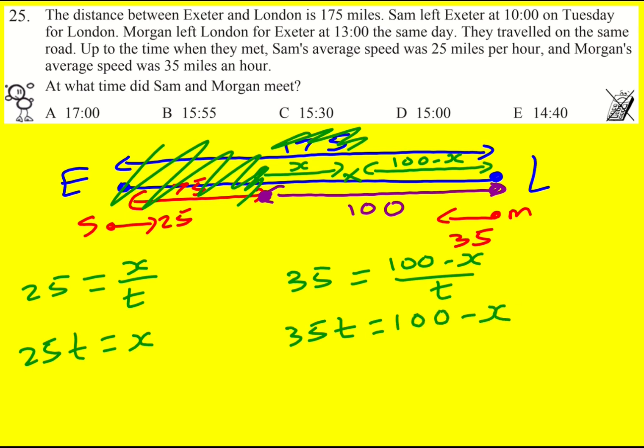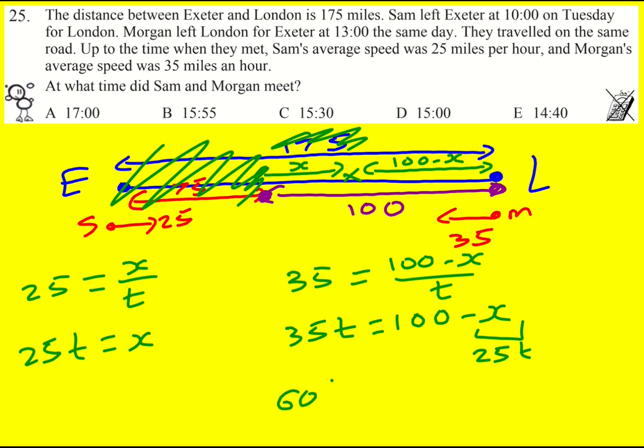Now we actually want to know what T is. So I'm going to replace this X here by 25T because that's what it is equal to. This is a substitution. You can combine them in other ways using simultaneous equations, but I'm going to do it using the substitution. So now I've got 35T is 100 minus 25T.